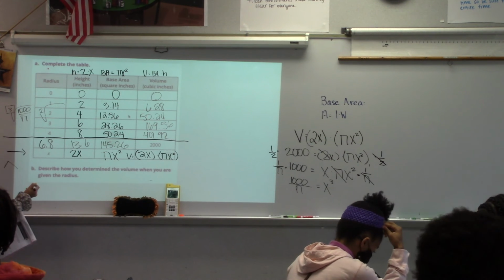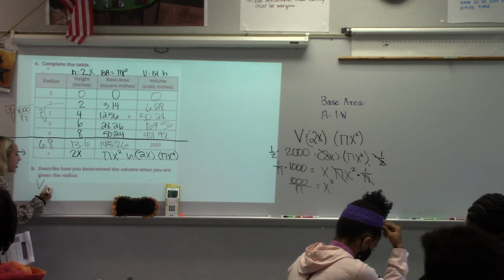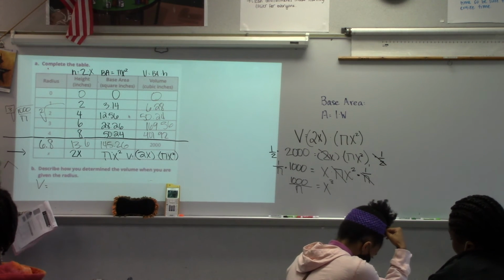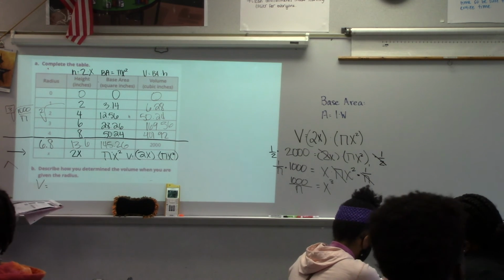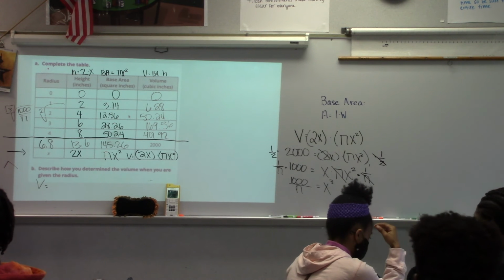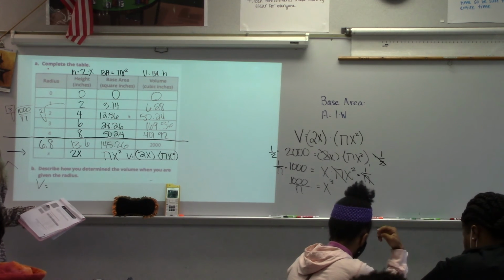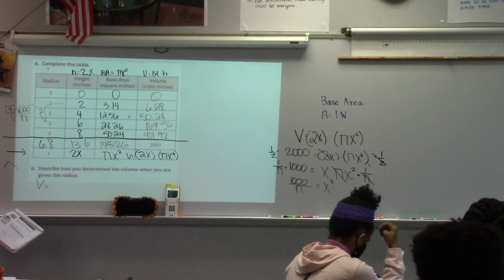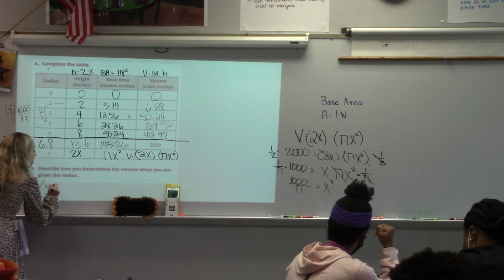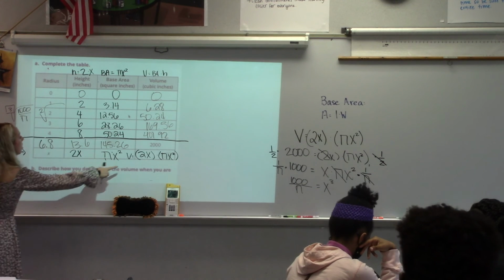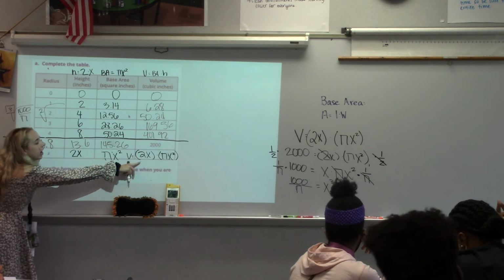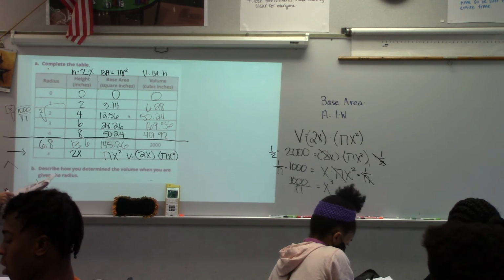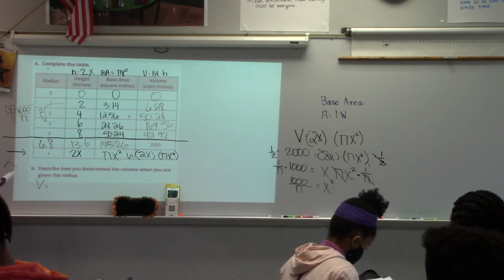When you're given the radius, I guess you could just copy this formula down, because we will be using this. You need to know how to use volume if you're given a radius versus, how do you use volume of a rectangular prism if you're given the height? Would you be able to do that? I'm not going to write it because it's down here. Okay, and then what about C?